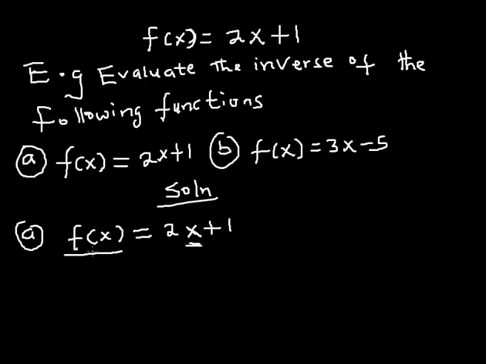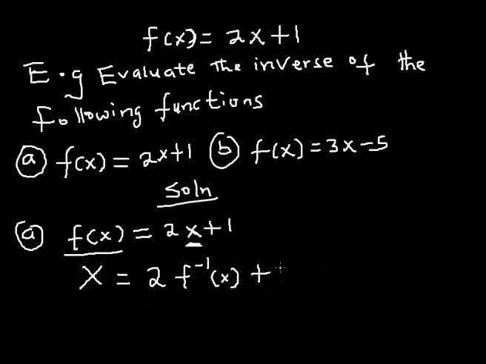So this x now comes to the left hand side, and the f of x changes. The x is now replaced by the f of x, but for that to happen, the f of x would change to f inverse of x. That's all I need to do.